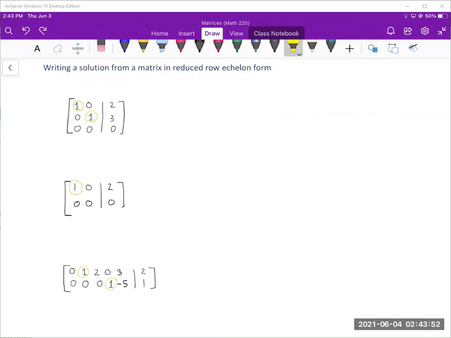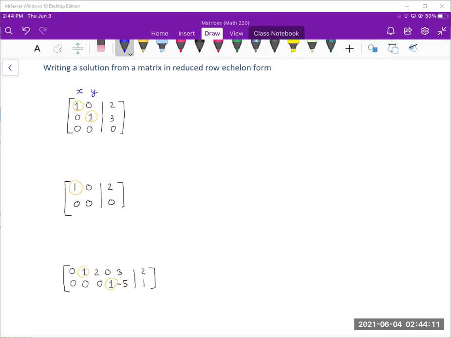So how do we write their solution if we know that we have a matrix in this form? Well, we know how many variables we have based off of the number of columns. Each column corresponds to an unknown.